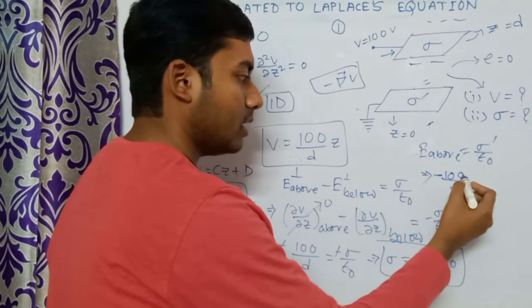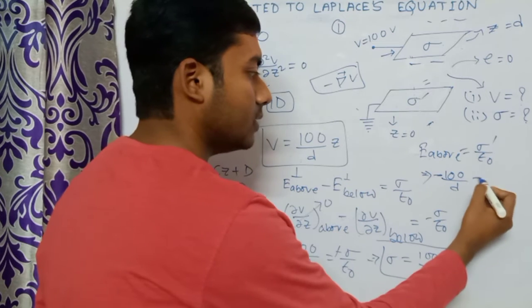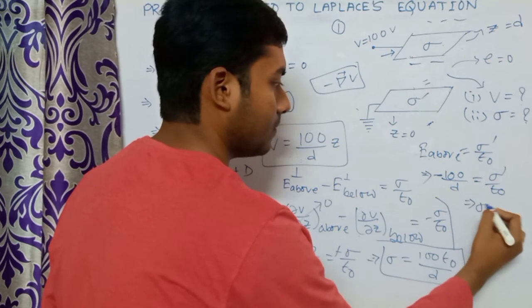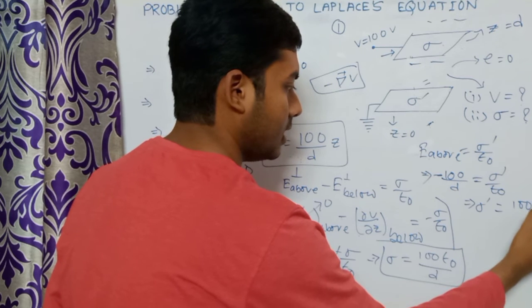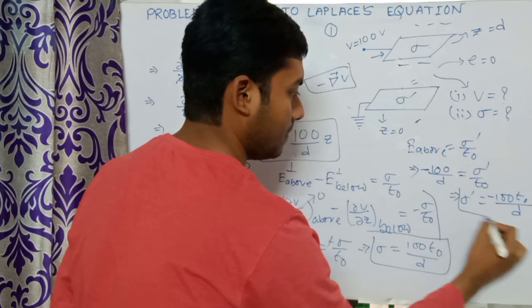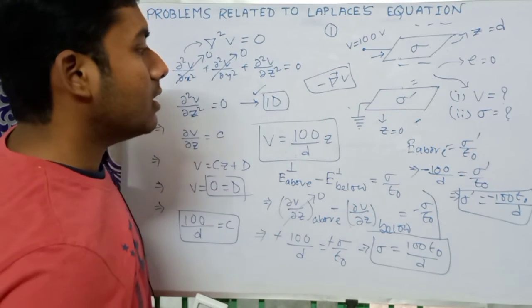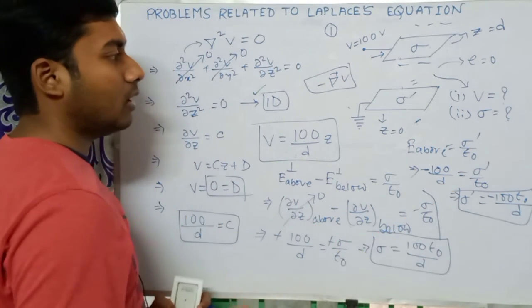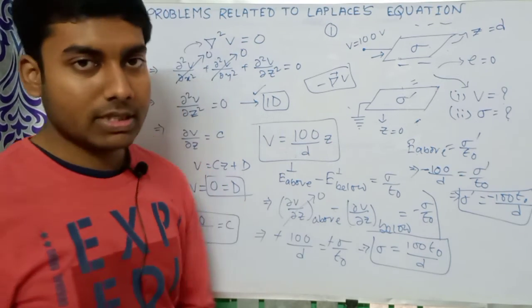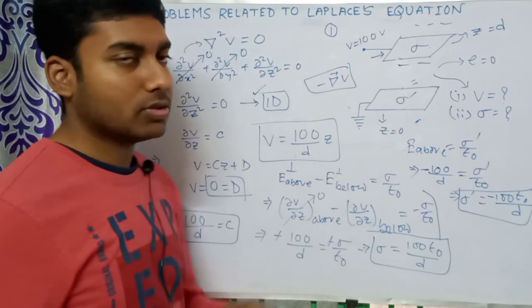So negative 100 over d is equal to sigma dash over epsilon naught. So our sigma dash will become 100 epsilon naught by d with a negative sign. So these are the expressions of the surface charge density on the two plates.